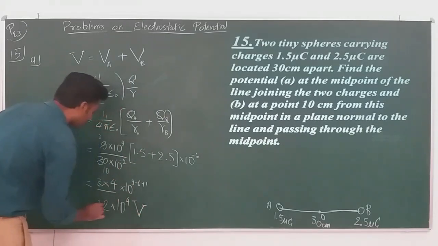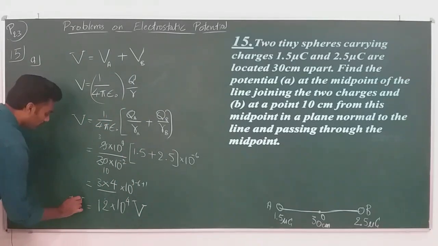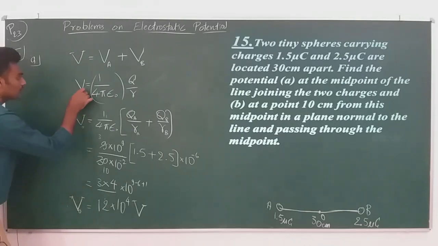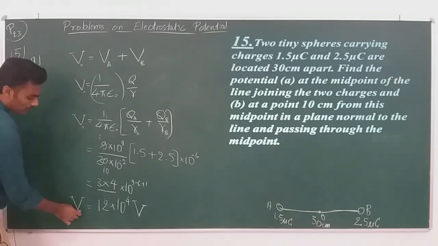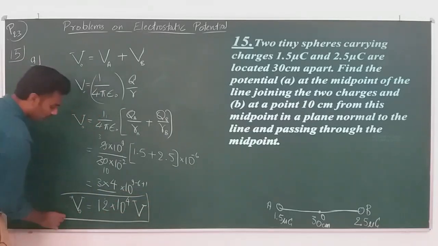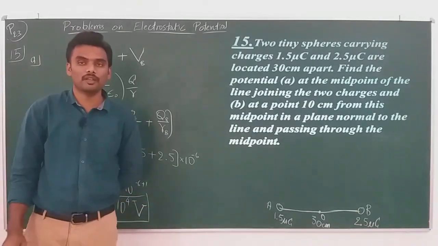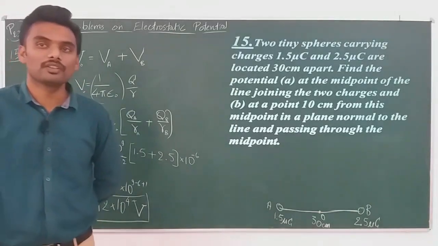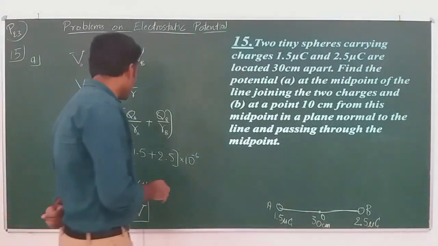So, the total potential, net potential at point O, I can call it VO, is 12 into 10 to the power of 4 volt. Quite easy. So, this is the answer for the first part of the question.